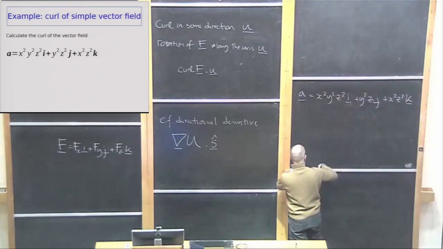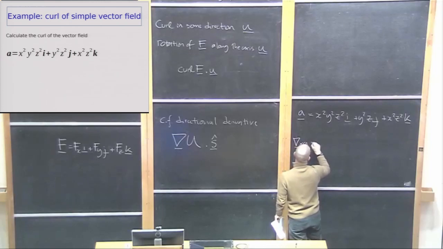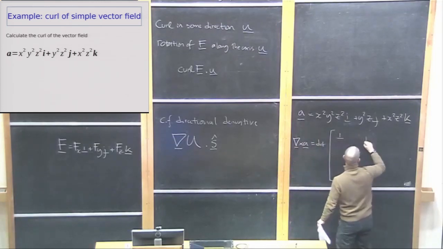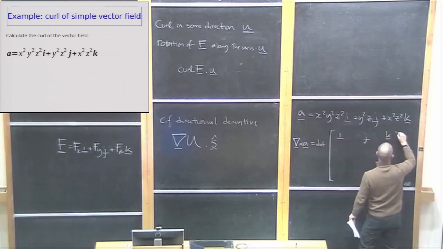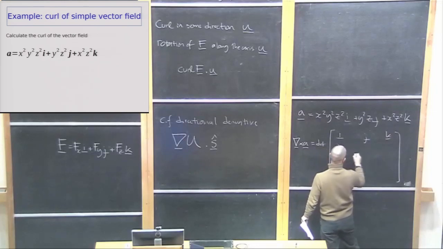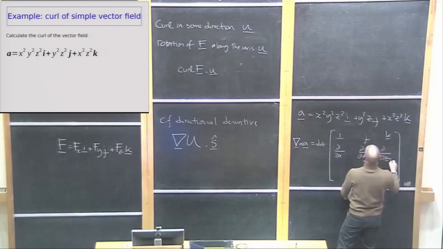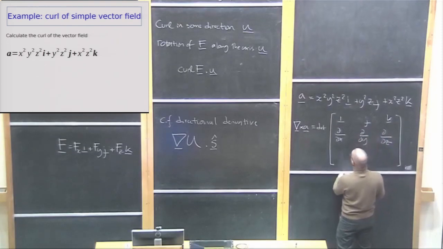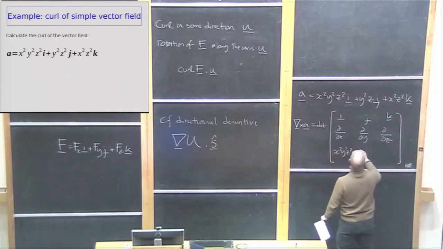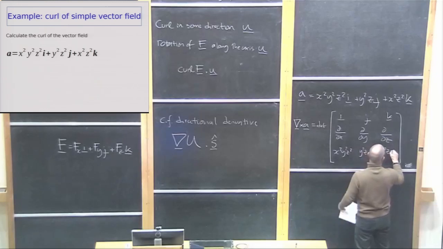And we want to work out then what is the curl of A. So the curl of A is the determinant of the matrix i, j, k, d by dx, d by dy, d by dz, of our three components here, which are x squared y squared z squared, y squared z, and x squared z squared.